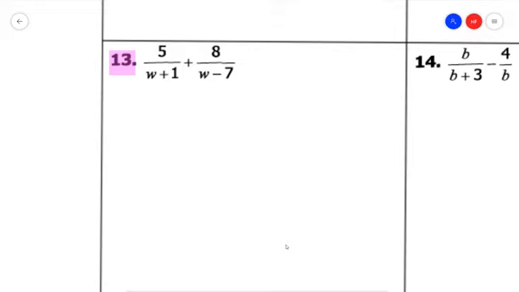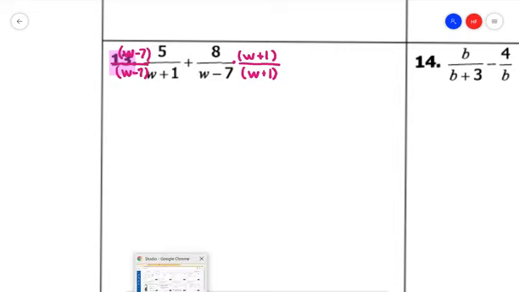The negative 7 will multiply with the plus 1, and now we've got both of them whenever we make our fractions.